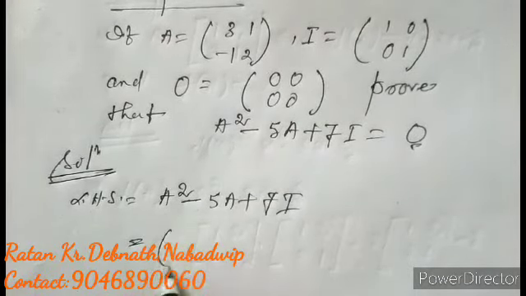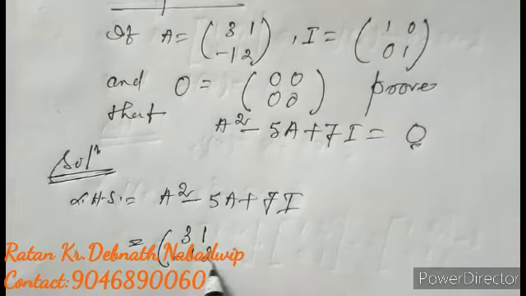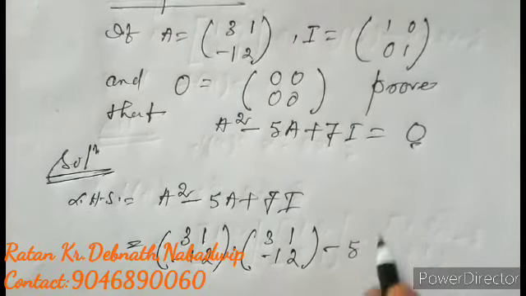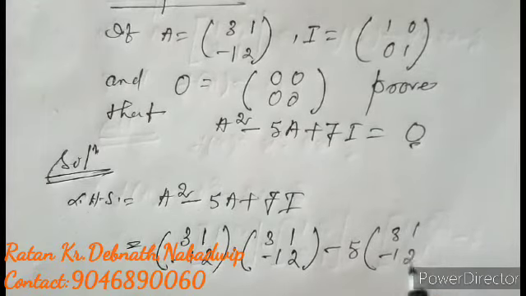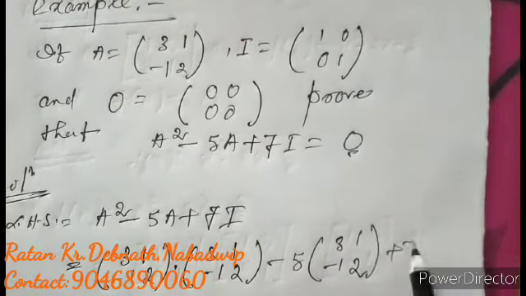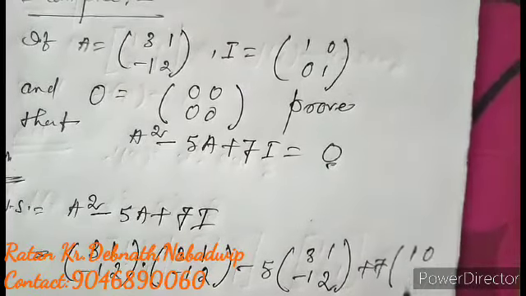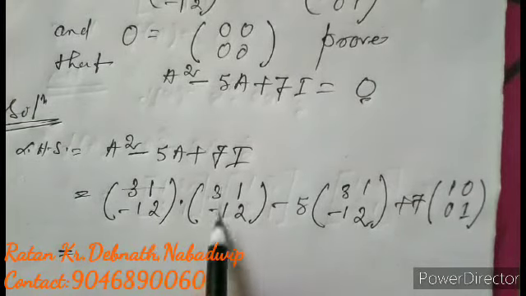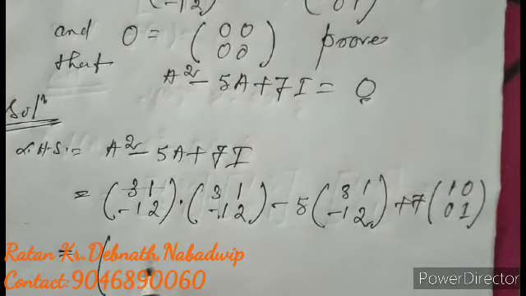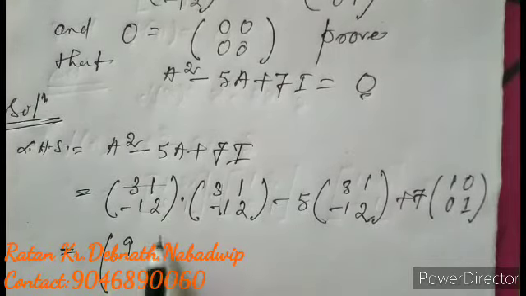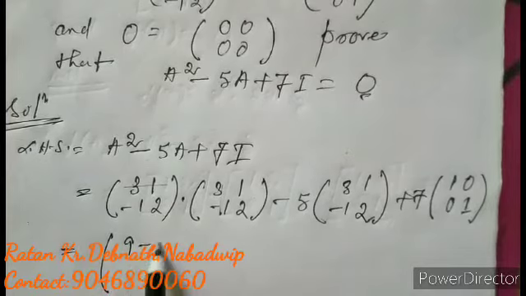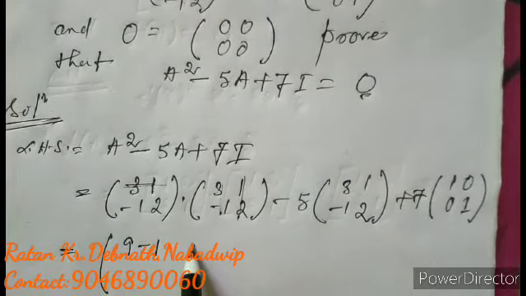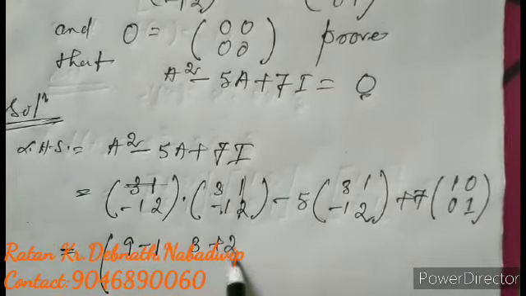A square means A into A. 3, 1, minus 1, 2. Now multiply this with this: 9 minus 1. This with this to get the second element: 3 plus 2.